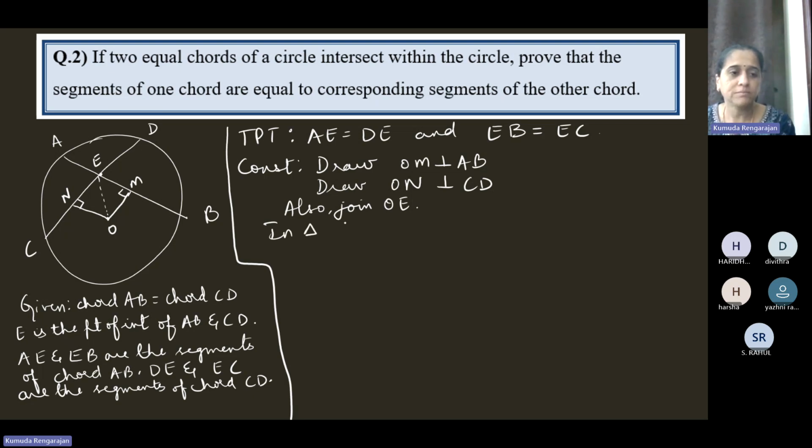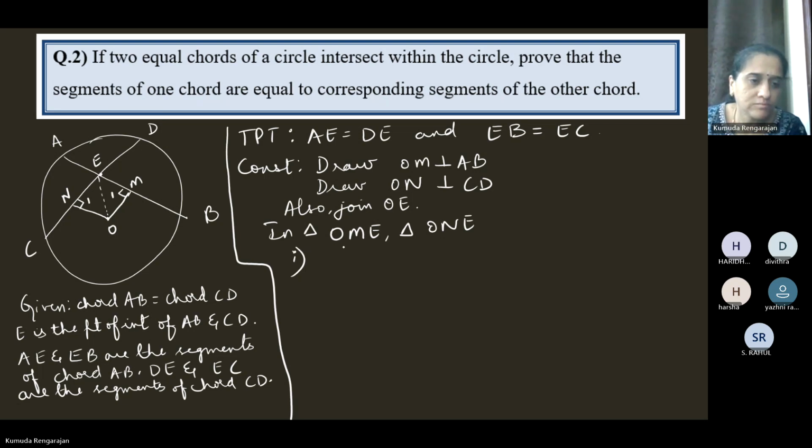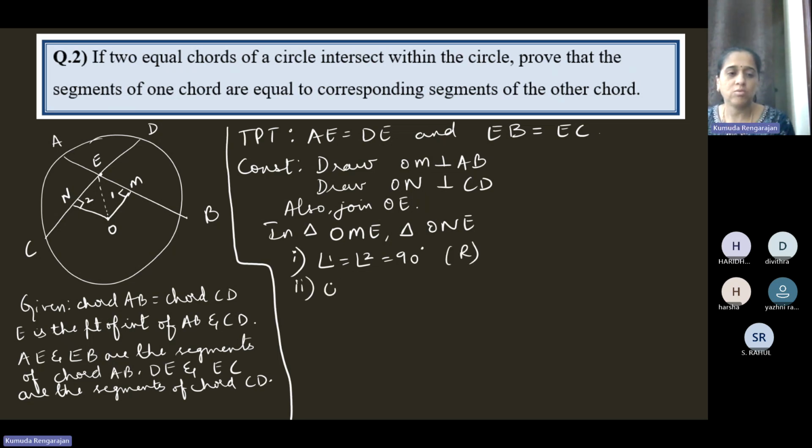In triangle OME and triangle ONE, angle 1 is equal to angle 2, equal to 90 degrees. That's R. Then OE equal to OE, common hypotenuse.